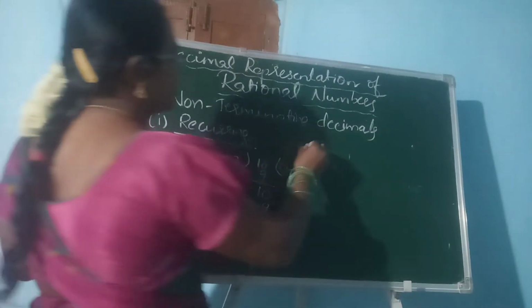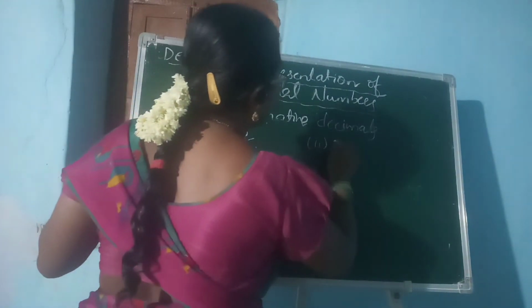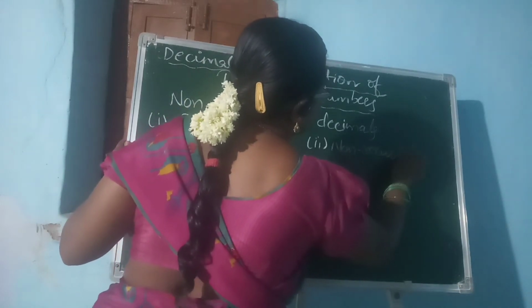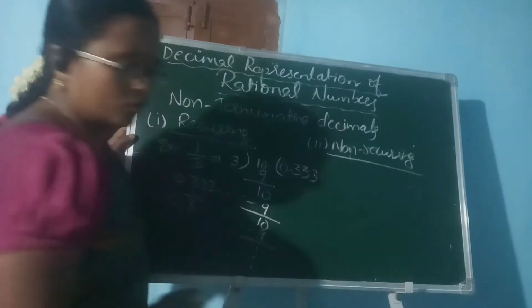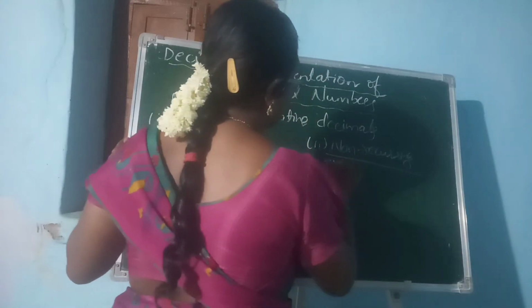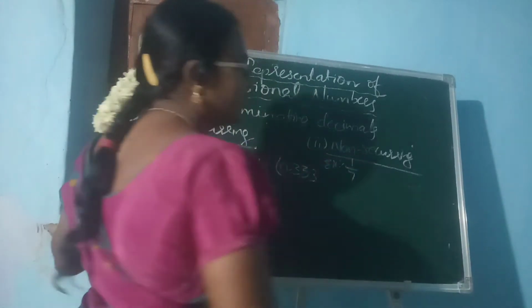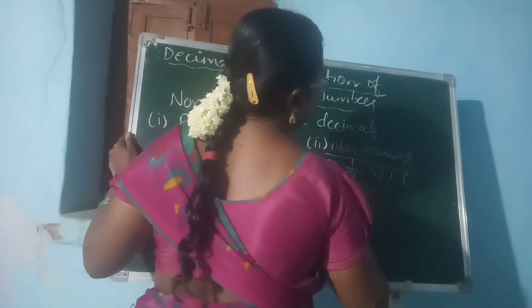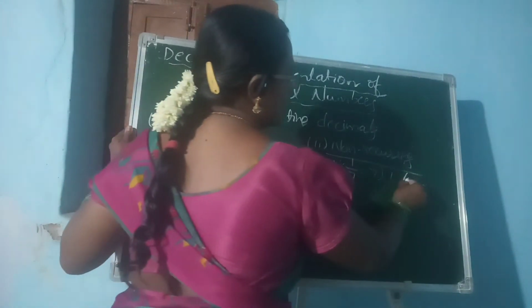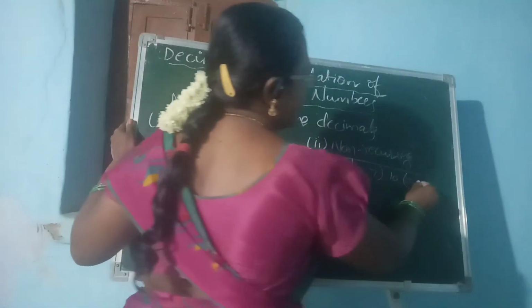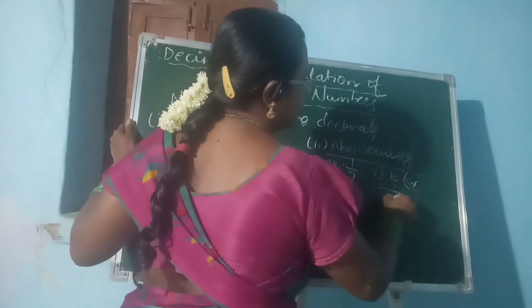Now, non-recurring decimals. So we shall take an example, 1/7. Now make the division. 7. The 1 does not go. Keep a point. 7 ones are 7. Minus, 3.